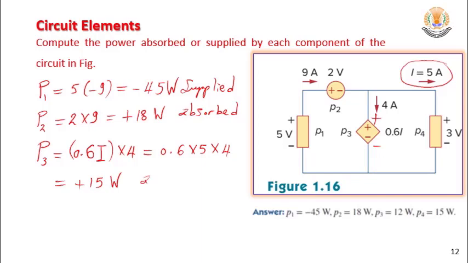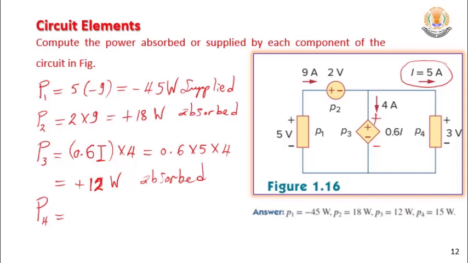Absorbed. Let me check numbers. 0.6 times 5, yeah, plus. So this is plus 12.